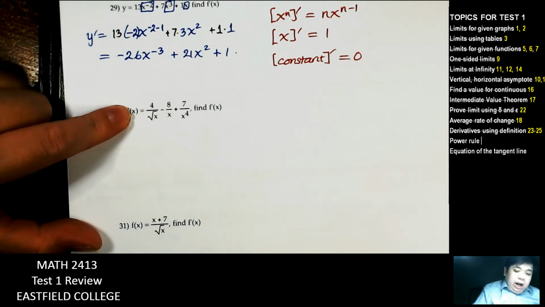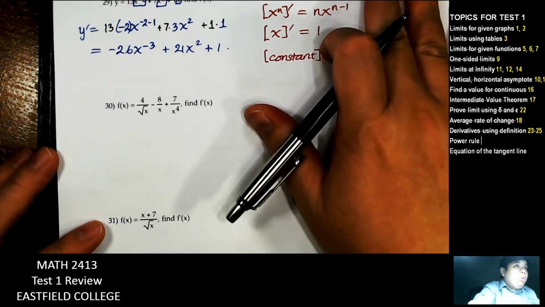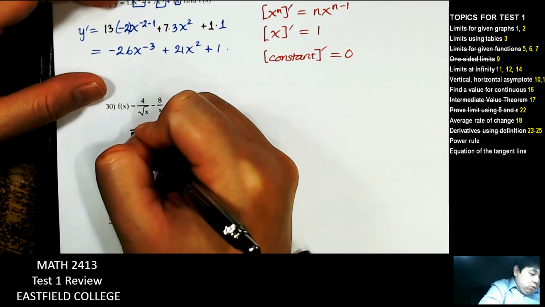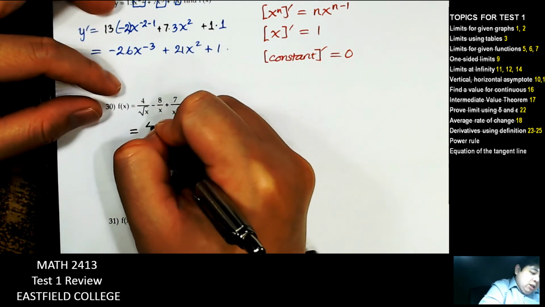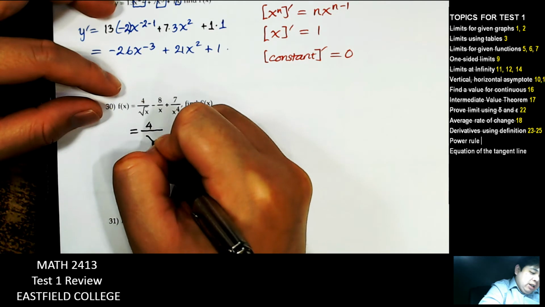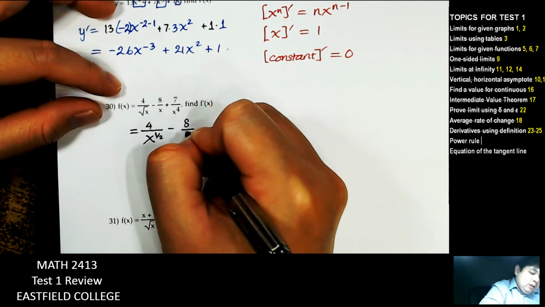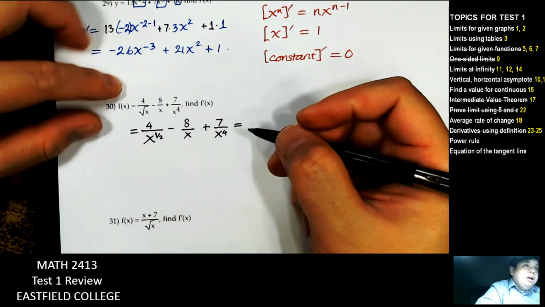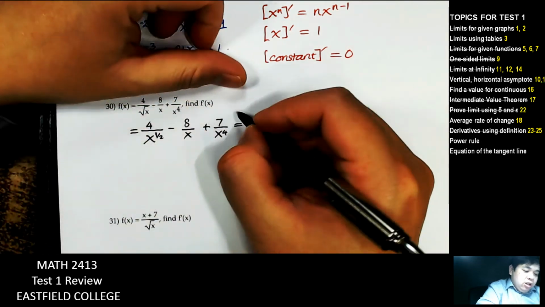Here we haven't done the derivative yet, but what we need to do is rewrite the roots as powers. So I will rewrite as follows. First, the square root of x is x to the 1/2. Now from that we can move all of that to the top.